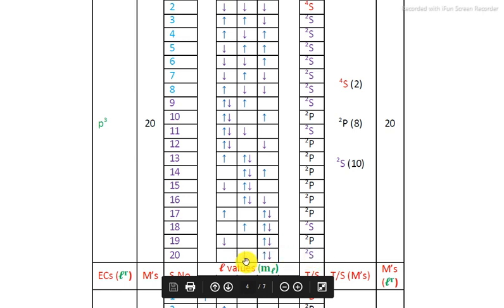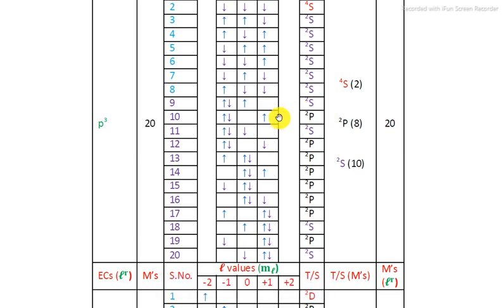If the electron is present in the first orbital or the last orbital, the capital L value is 1, the term is P.